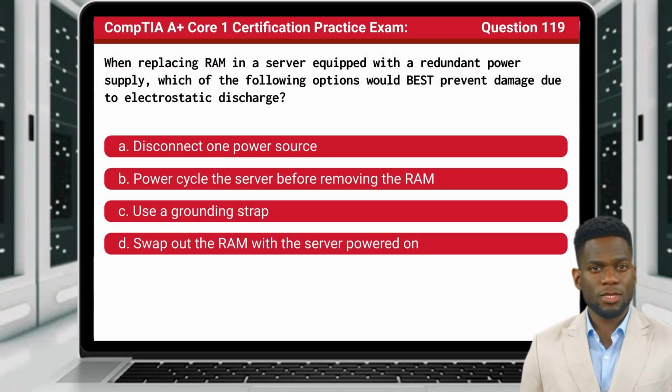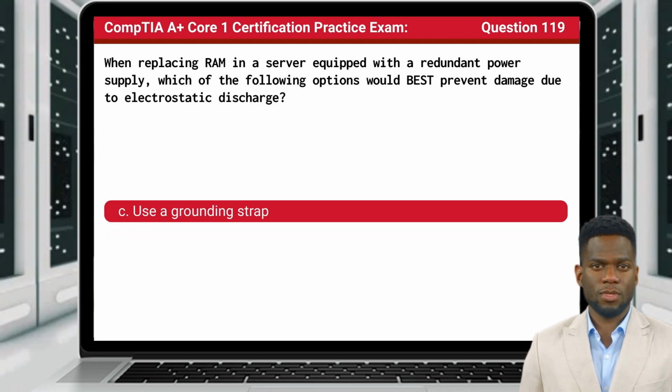Question 119. When replacing RAM in a server equipped with a redundant power supply, which of the following options would best prevent damage due to electrostatic discharge? The answer is C. Use a grounding strap.